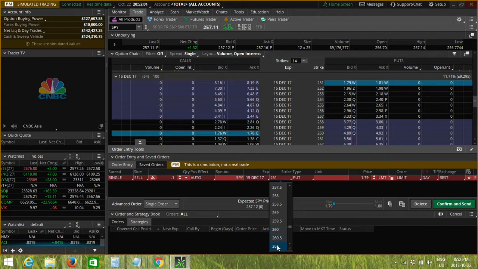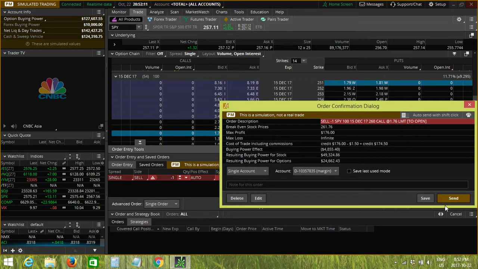Let's do the, I think I did the 261 call in our example. No, sorry, I did the 260. All right, here we are. Again, the buying power effect is $4,855 on that. So you can certainly do a lot more contracts if you want to.